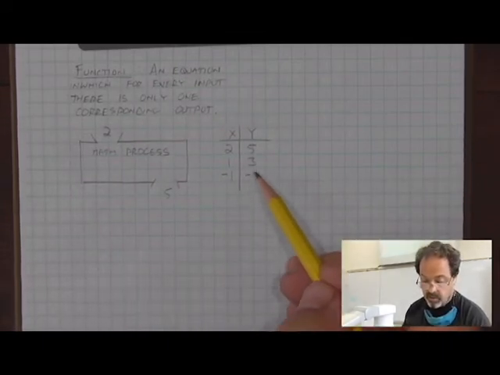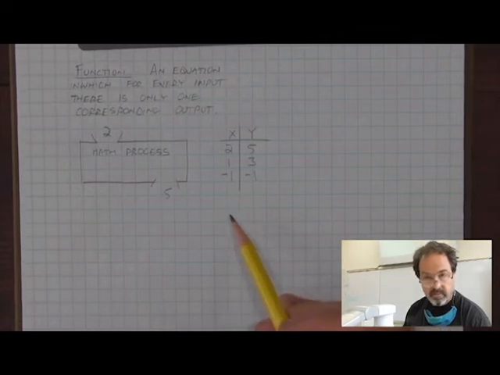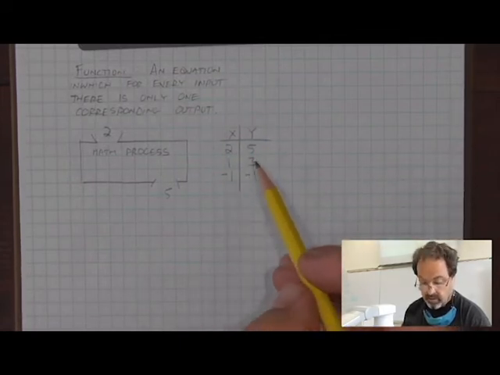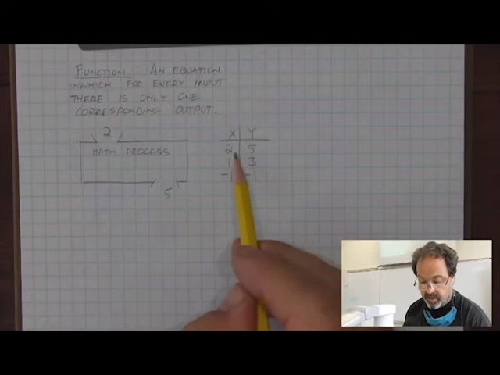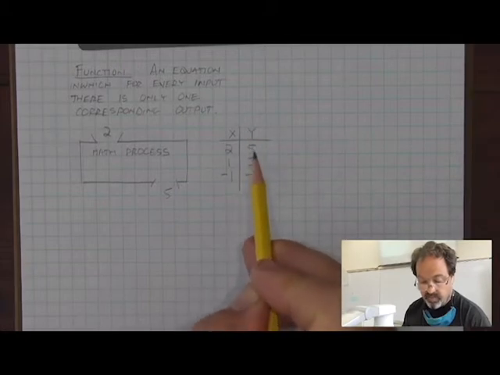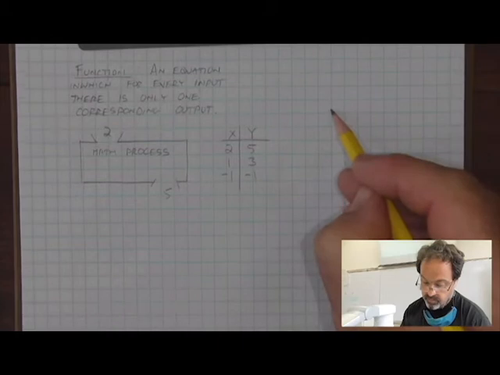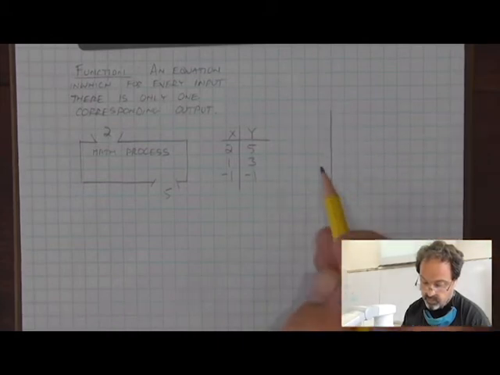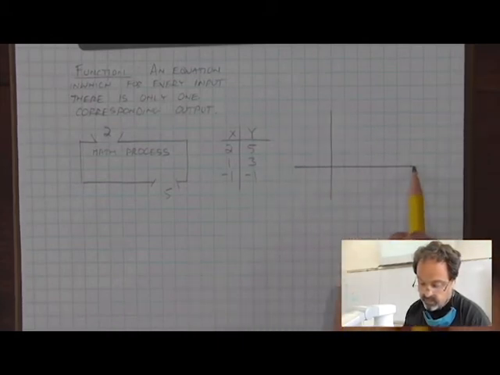Tables are a very good way to organize information. And if it's done this way, the information can be plotted. The x is 2 and y is 5 become coordinates, an ordered pair that we could graph on 2 axes.